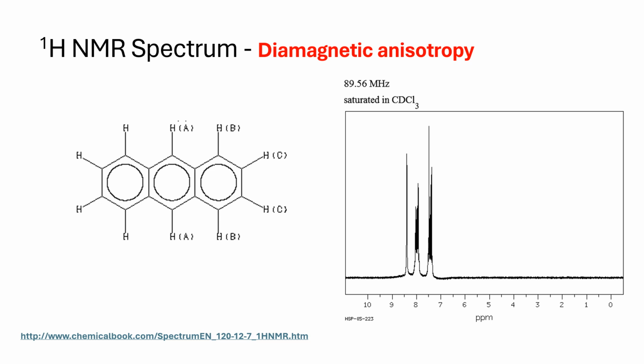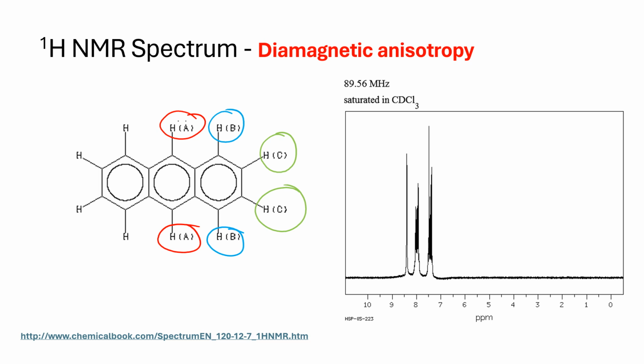So moving on, this is anthracene, more complex. So three different types of aromatic H's. Let's label that A and A, and then we have B and B, and let's label that in green, and C and C. So three. The multiplicity is different.